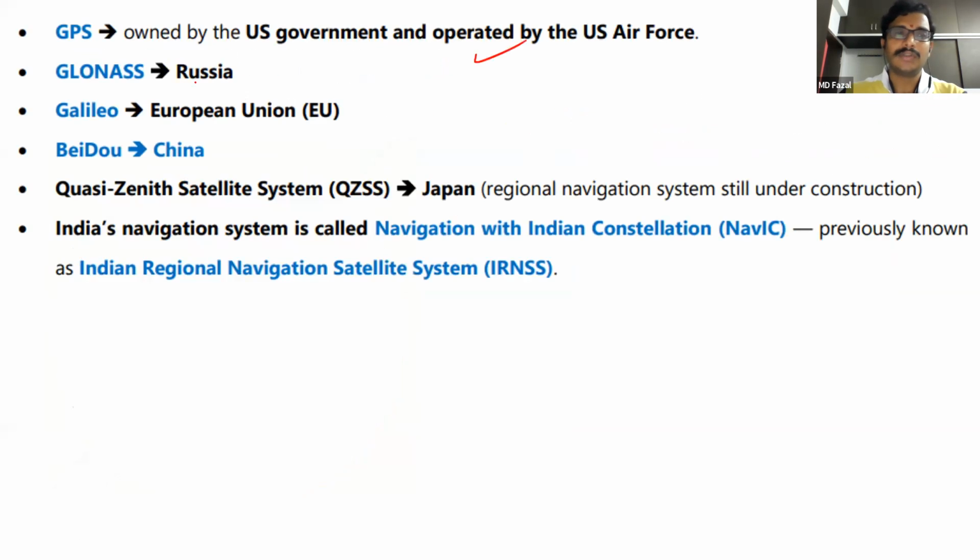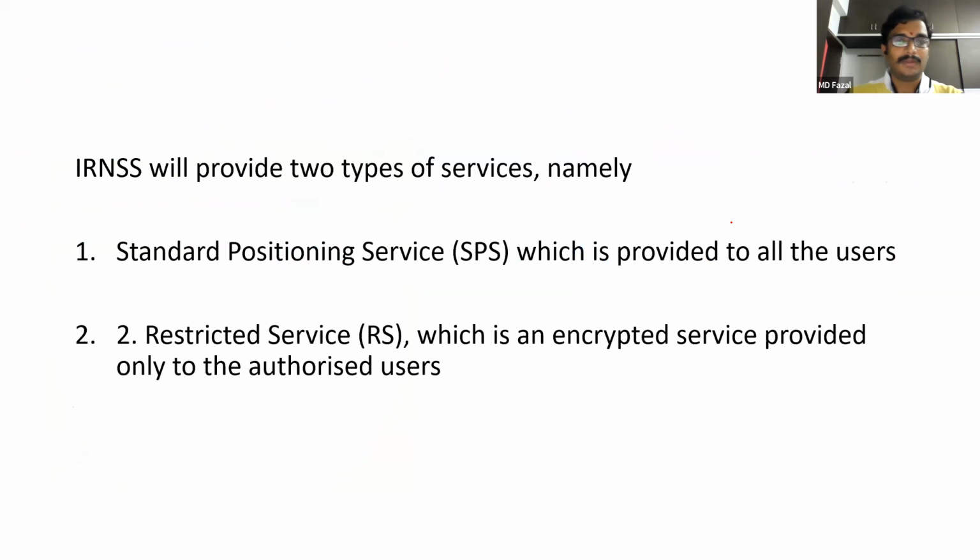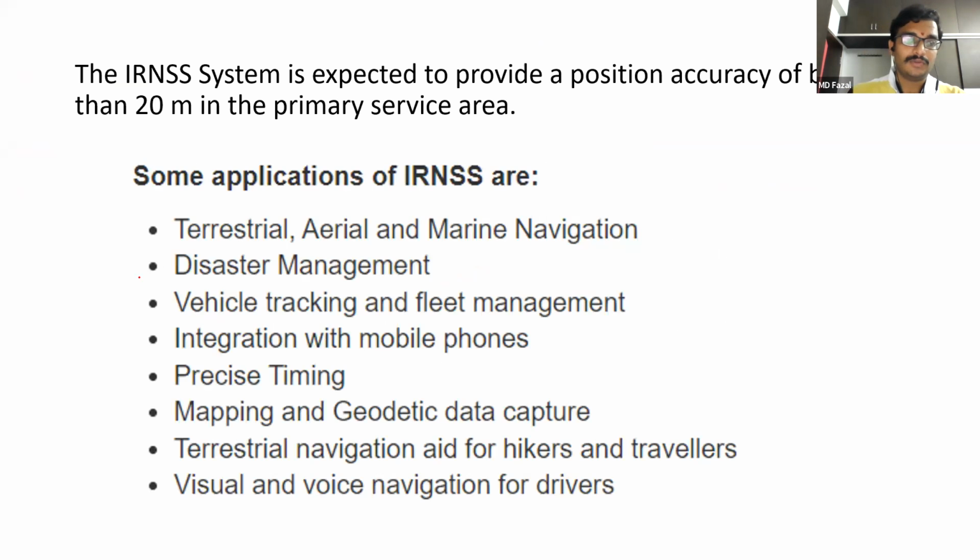So this is GPS. GLONASS is the GPS of Russia, Galileo is European Union's, BeiDou, Quasi-Zenith, and India's own NavIC. We saw India's own NavIC has both varieties, restricted service and standard positioning service. The restricted service is only for authorized personnel, so more accuracy will be there. These are various applications of the regional navigation system. This is very important.